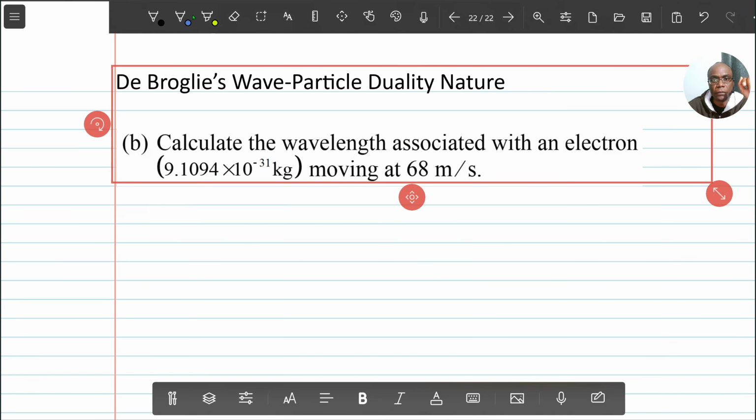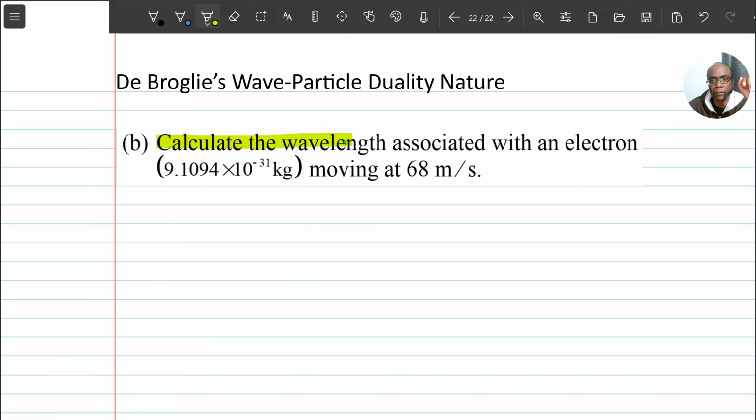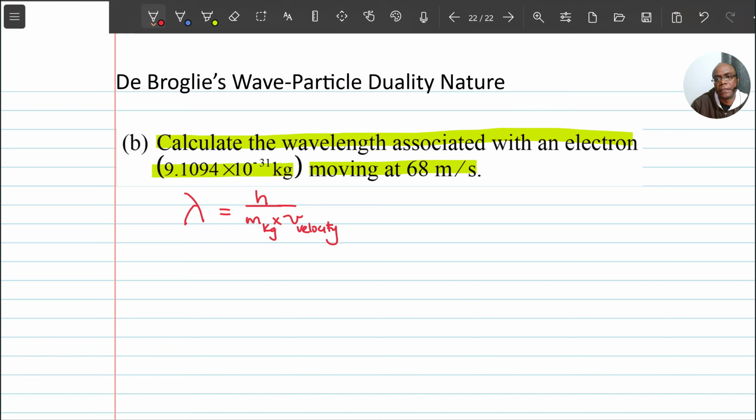So again, to reread the question, calculate the wavelength associated with an electron having this mass moving at 68 meters per second. So what you're going to do is write our equation, and the equation is wavelength lambda equals Planck's constant h over mass in kilograms of the particle or the matter times velocity, which is loosely called speed.